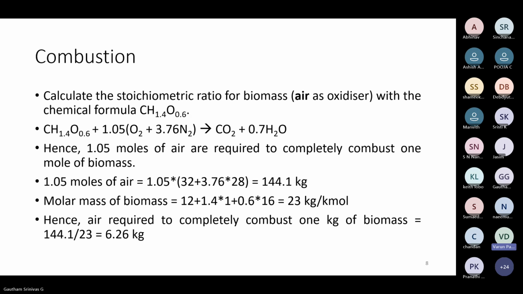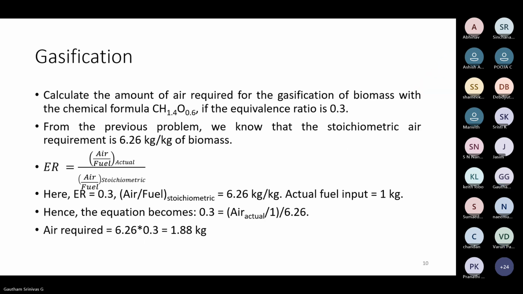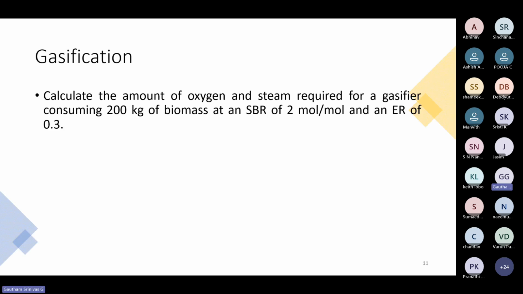23 kg. If you don't remember that, the formula is given, you can just calculate it. So what is the molar mass of steam?